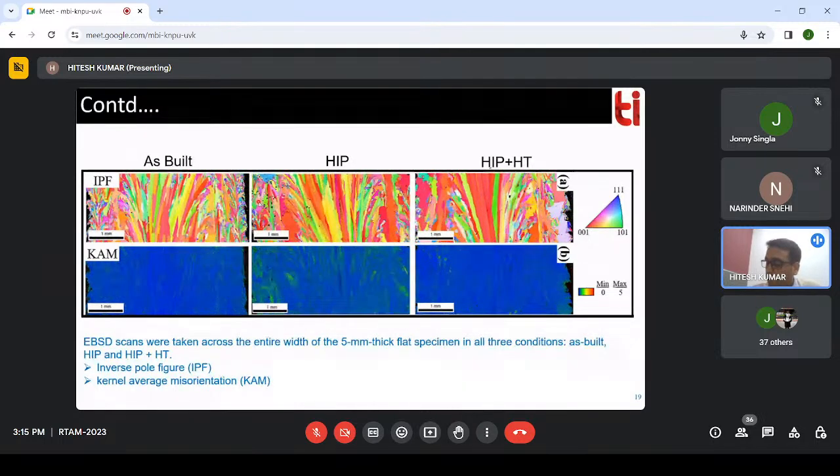A single pixel is checked for its misorientation, or orientation, with respect to its neighbors. Let's suppose this is our pixel. This pixel checks the misorientation with its neighboring pixels, and according to that it is identified as one misorientation value in your sample.